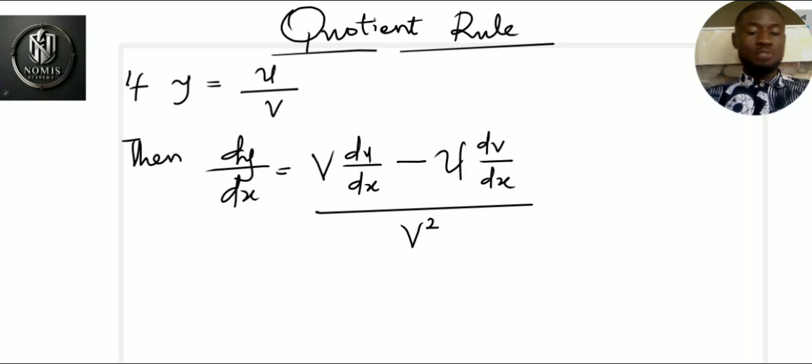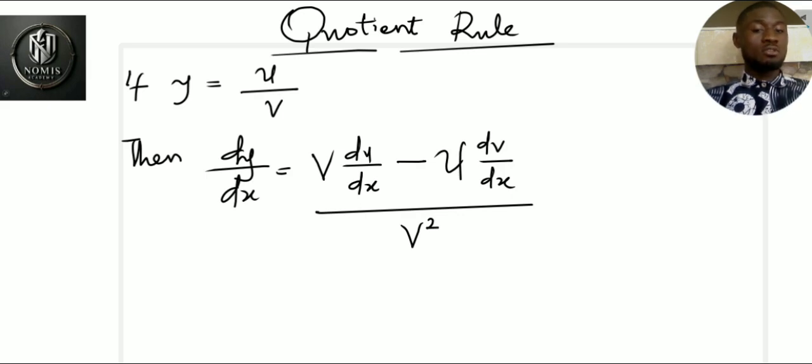What does this formula say? It says that the differential of y, which is equal to u over v, is to be done such that v is multiplied by d/dx of u, minus u multiplied by d/dx of v, all over v squared.